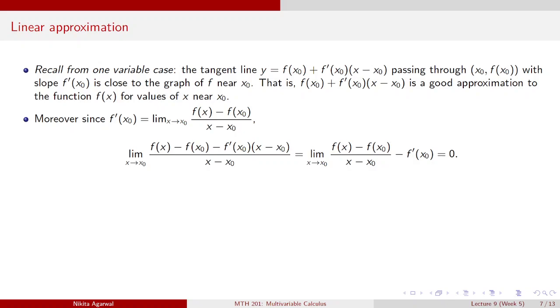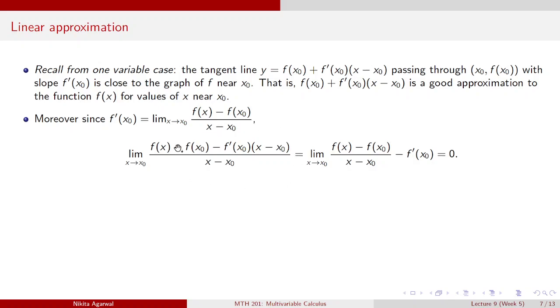Similarly, it happens in higher dimensions. We will see it in a minute. But also, since f'(x0), if it exists, is equal to this limit, let us now bring this term to this side. You get f(x) minus f(x0) minus f'(x0) times (x minus x0), divided by x minus x0.